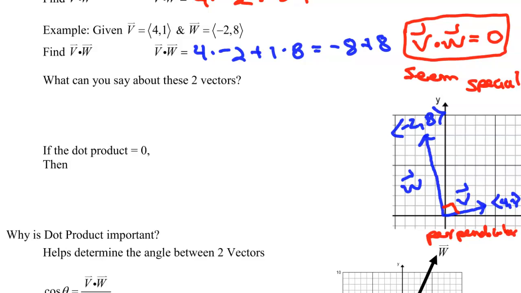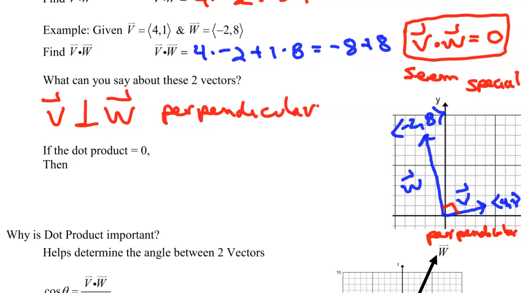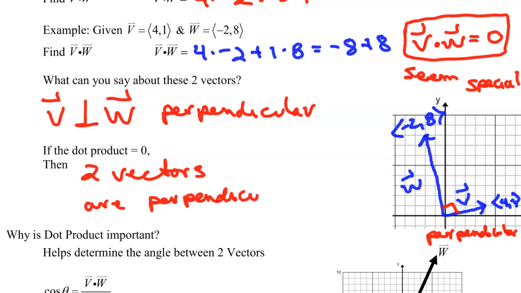So when your dot product is equal to 0, you're going to get two vectors that are perpendicular. Okay, it's a very special relationship.